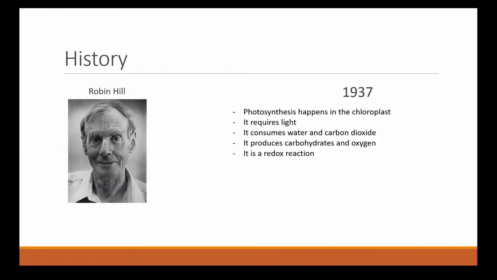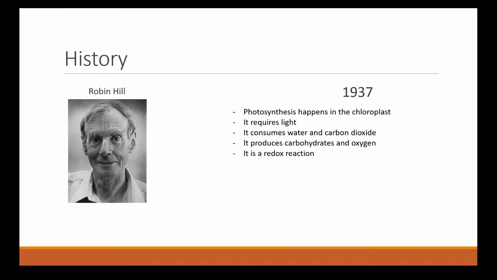So we're going to start with some history first. As you can see, the experiment was named after the scientist who discovered it himself. His name is Robin Hill, a British biochemist, born in 1899.